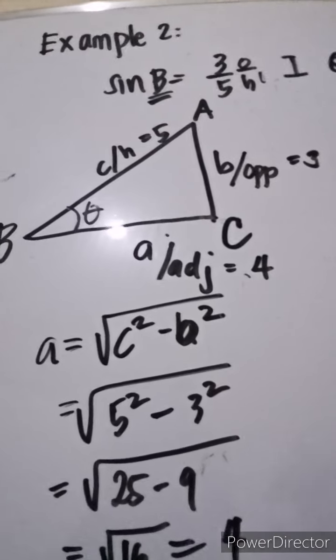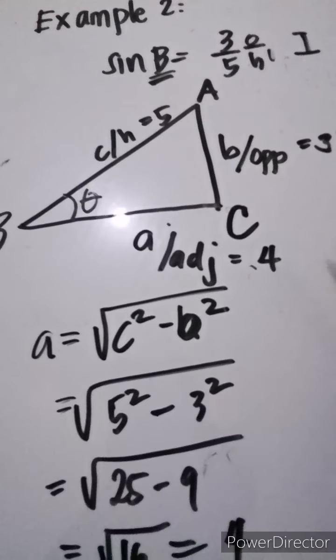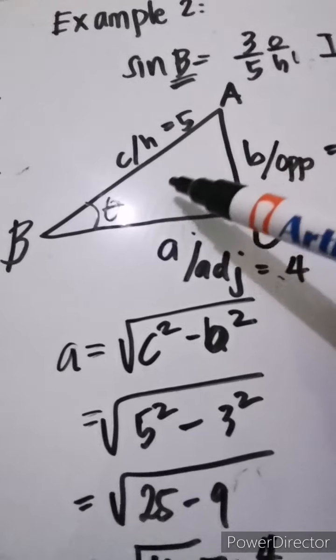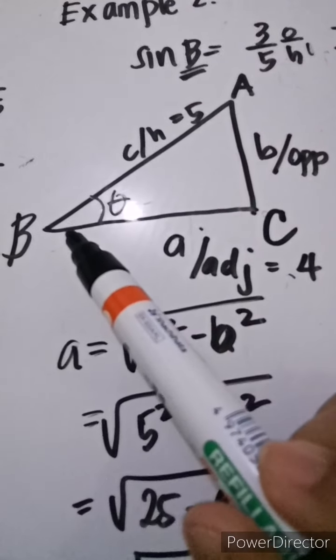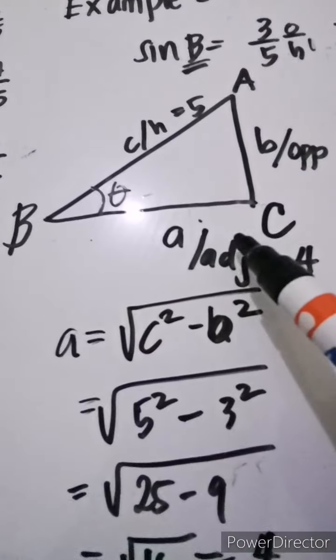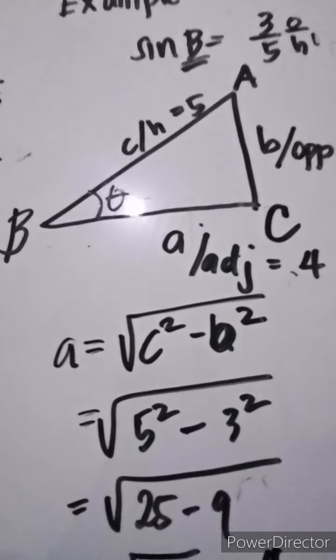So, importante, alam natin kung nasaan yung reference angle. Again, kapag katapat ng reference angle, that is the opposite. And kapag katabi ng reference angle, that is the adjacent. And then the longest side of the right triangle is the hypotenuse.